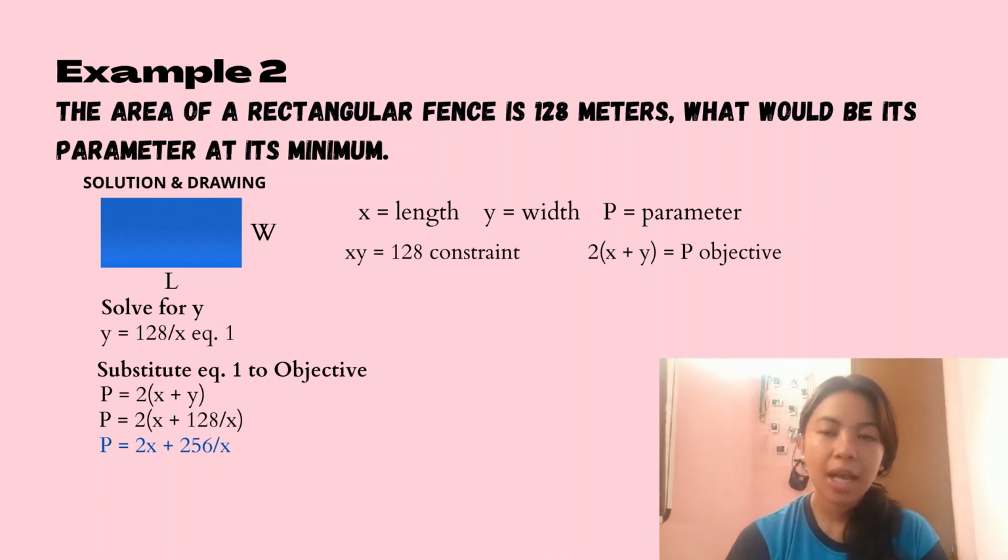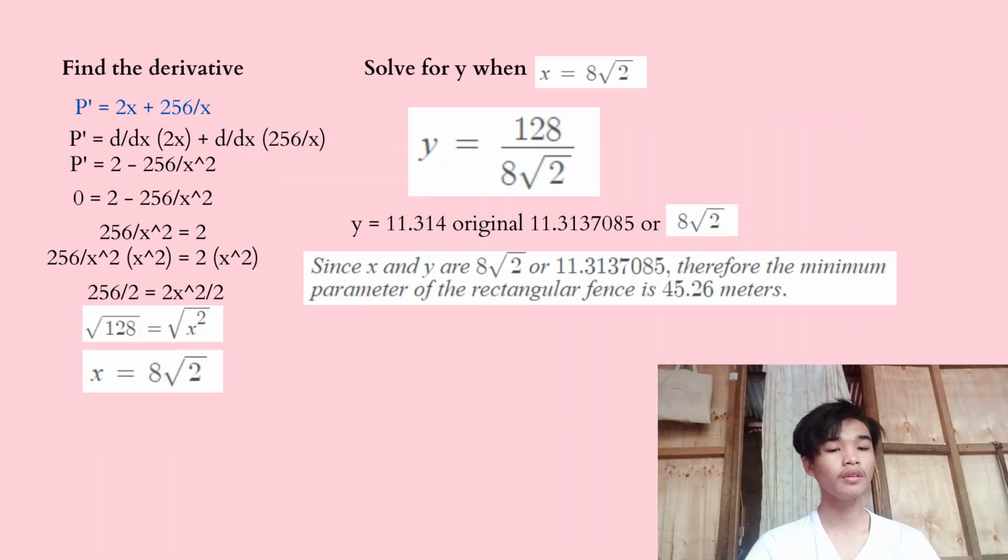Step 3, substitute equation 1 to the objective. So perimeter is equal to 2 times x plus y, so p is equal to 2 times x plus 128 over x. So p is equal to 2x plus 256 over x. After we substitute equation 1 to the objective, we will find its first derivative.